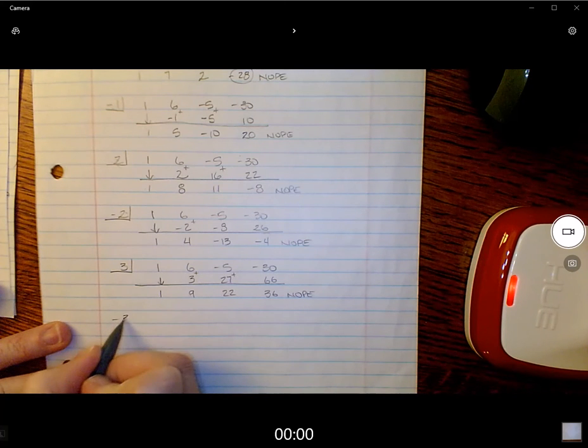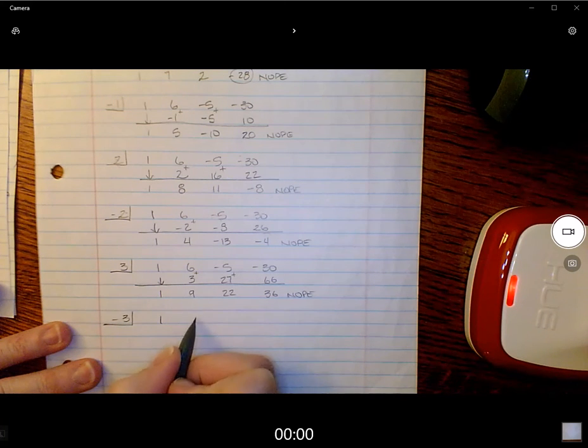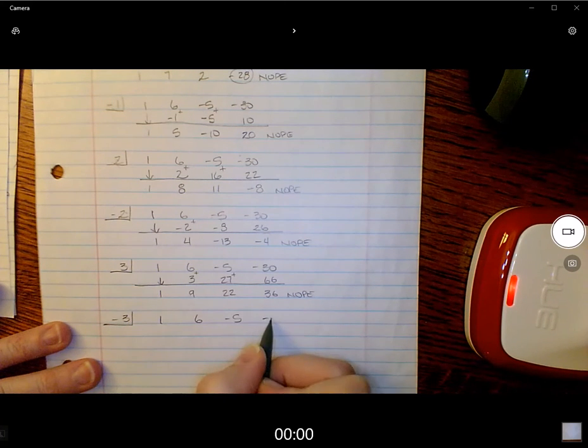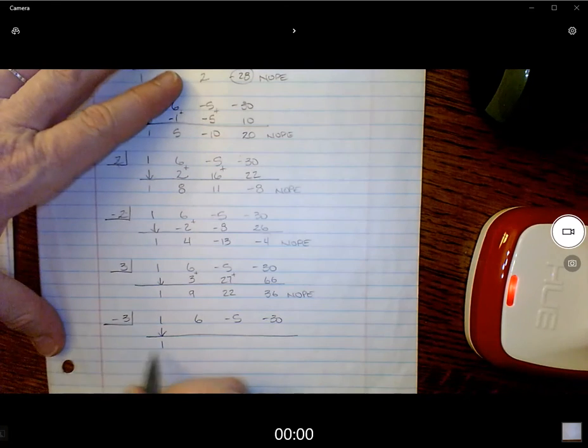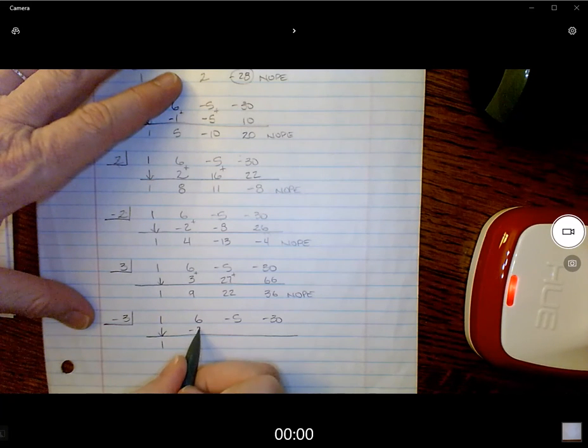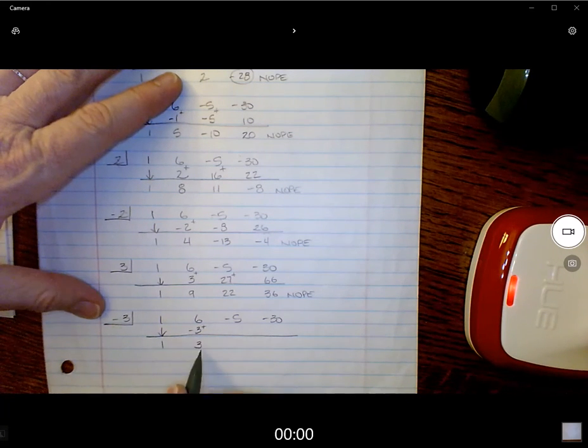How about negative 3? 1, 6, negative 5, negative 30. Draw the line. Bring down the 1. Negative 3 times 1 is negative 3. 6 plus negative 3 is 3. Negative 3 times 3 is negative 9.